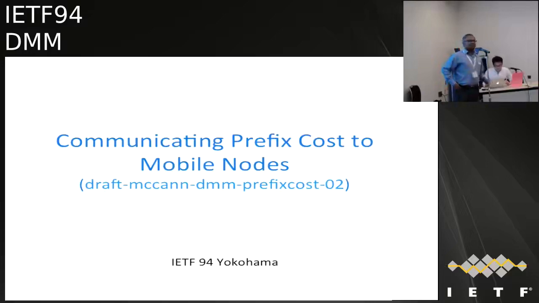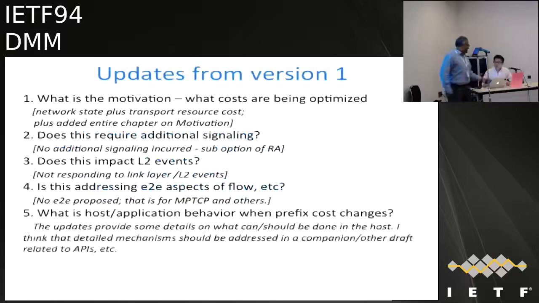Okay, so this is the draft on prefix cost, and it's been updated to version 2 based on a number of comments we got the last time. So just a brief overview of the comments that we got the last time and what we did to update it.